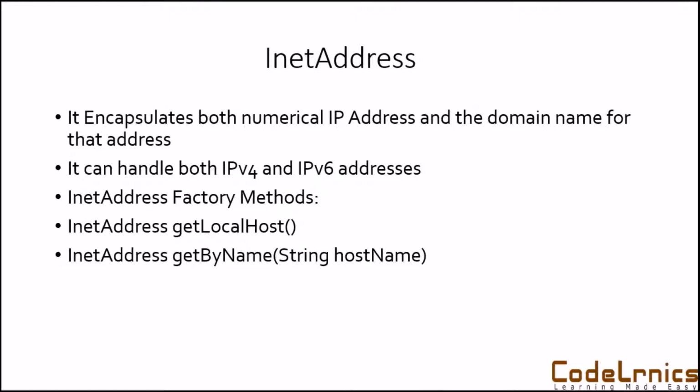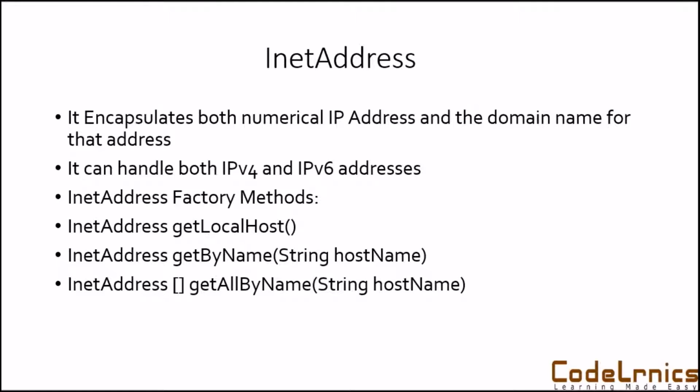And the third is getAllByName. If you pass a host name which has multiple IP addresses associated with it, you can get them through an array of InetAddresses. So these are the three methods that we will see.